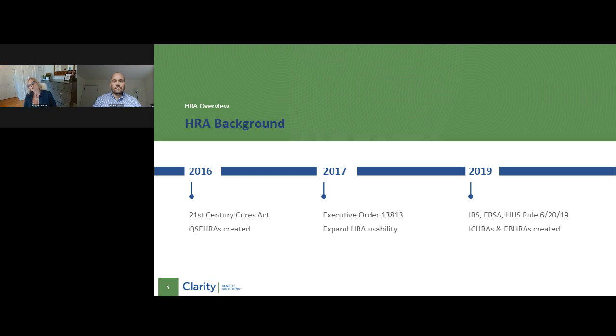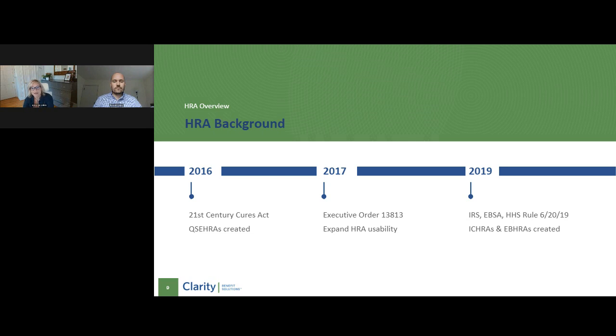This gave some employers a means of providing employees help with individual insurance premiums and other out-of-pocket medical expenses without violating the ACA. We'll look at it in more detail, but essentially the QSEHRA became a new iteration of the standalone HRA, allowing employers with 50 employees or fewer to offer a healthcare reimbursement benefit that didn't require them to take on the expense of group coverage.